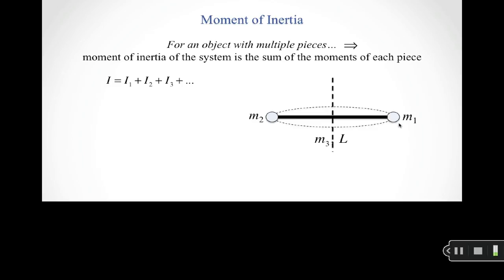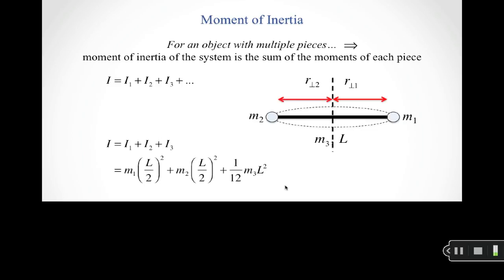So in this case, I've got a point particle, so this will be m r perpendicular squared. Here's a second point particle, so this will be mass times r perpendicular squared. I'll go look up what's going on for my long, thin rod of length L and mass M3, and then I just need to calculate what all those pieces give me. And so in this case, what I get is a M1.